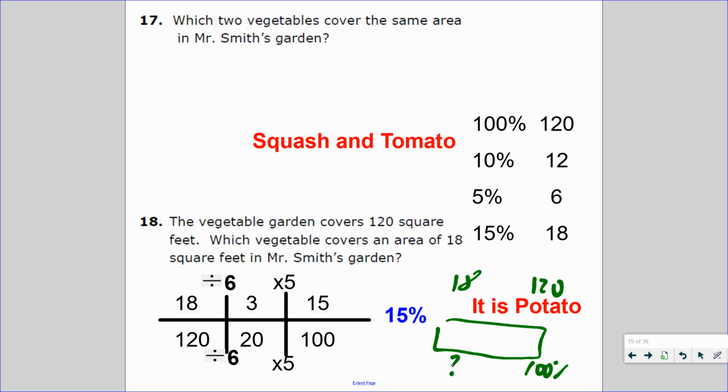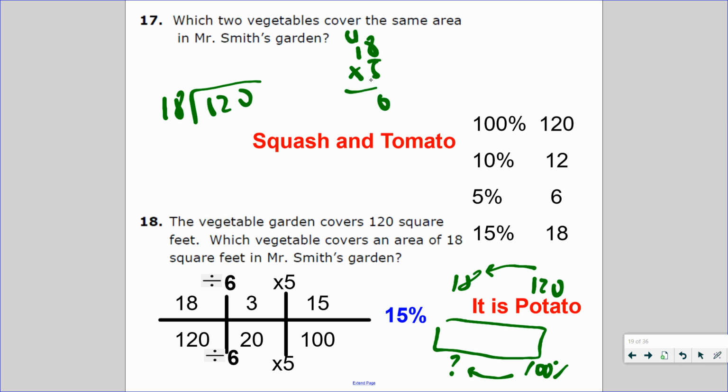So what percent is this? What can I divide by to get 18? I could do it that way. So let's see, 18 divided by 120. Is it 5 times? 8 times 5 is 40, carry the 4, that's 90.